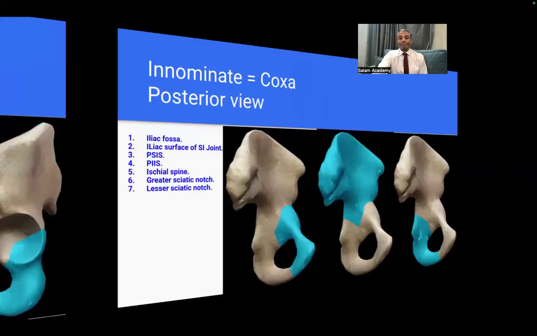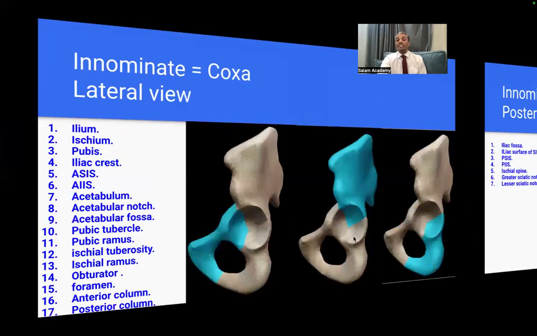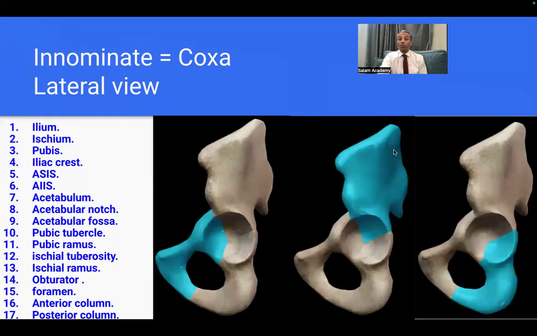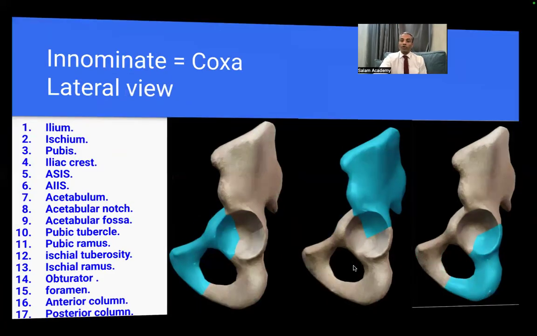Also, the ilium or innominate bone is an inverted Y shape, however the acetabulum here is a Y shape.